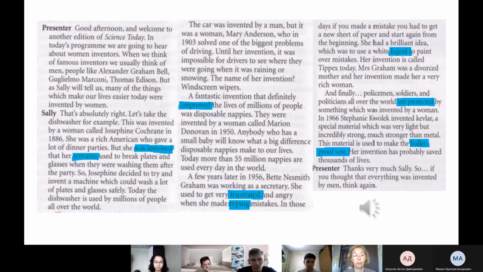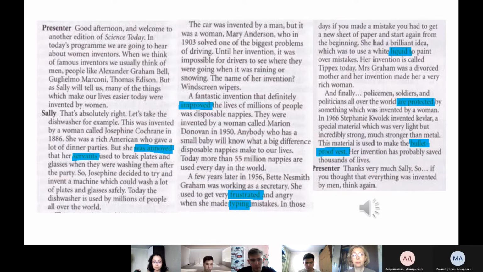Let's take the dishwasher, for example. This was invented by a woman called Josephine Cochrane in 1886. She was a rich American who gave a lot of dinner parties, but she was annoyed that her servants used to break plates and glasses when they were washing them after the party. So Josephine decided to try and invent a machine which could wash a lot of plates and glasses safely. Today, the dishwasher is used by millions of people all over the world.